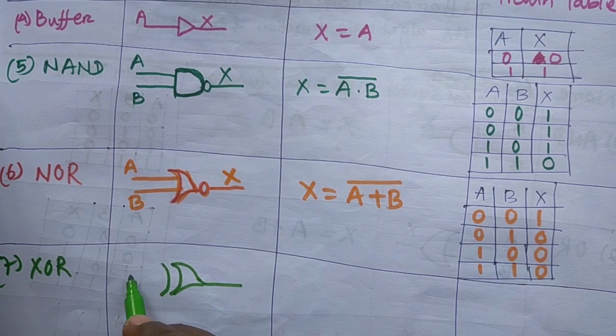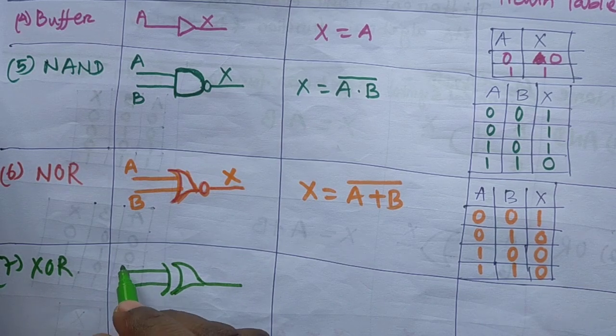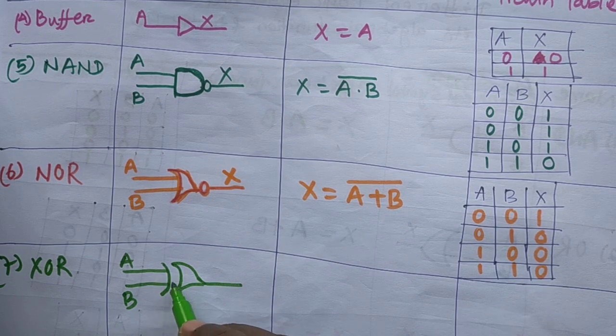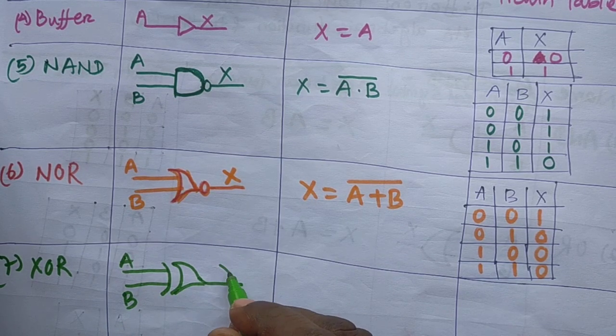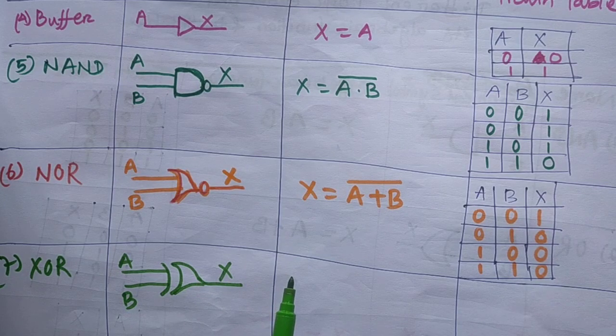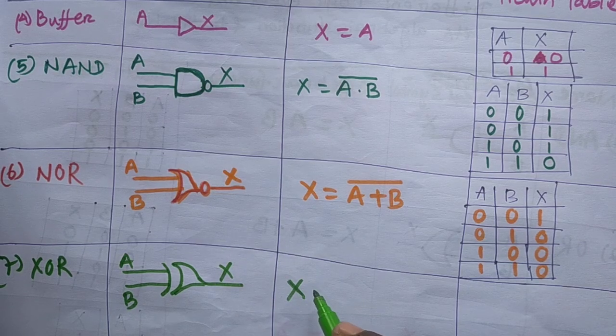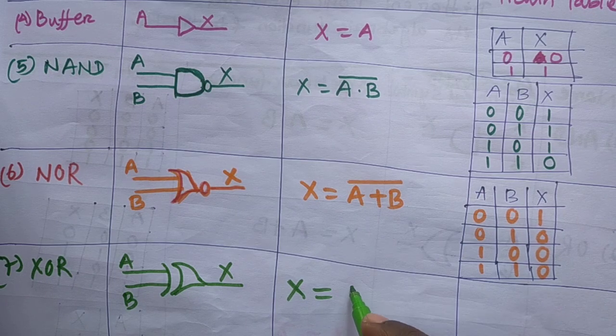Two inputs, A and B. XOR looks similar to an OR gate, but this other symbol can also be used to identify the XOR gate.